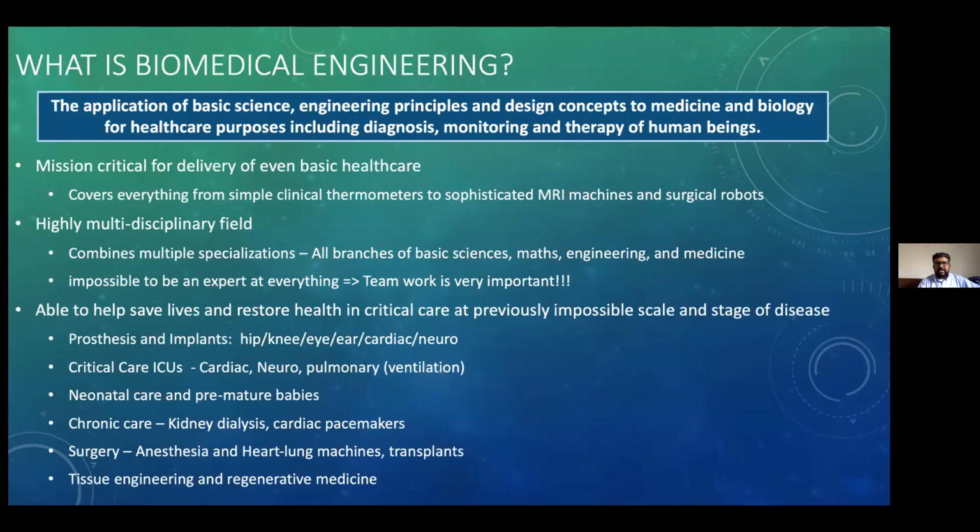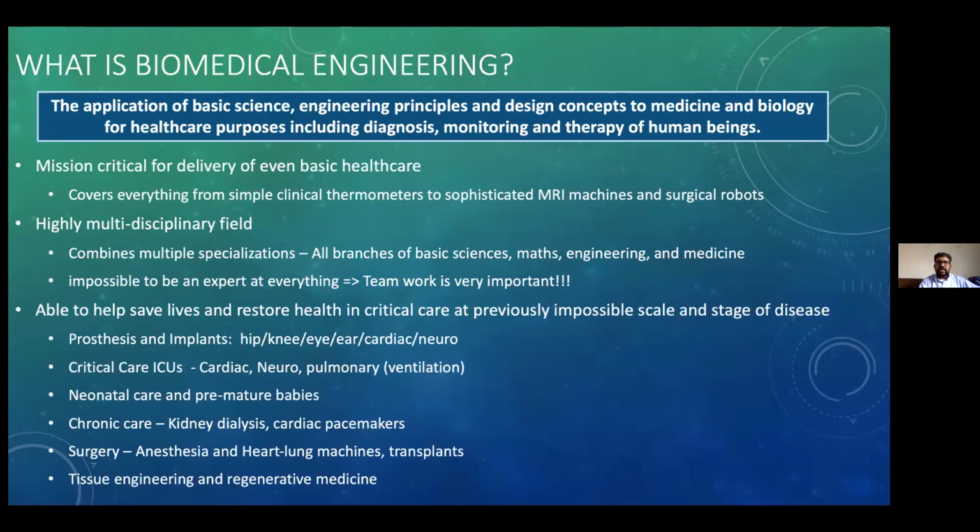So biomedical engineering is, in a nutshell, the application of both science and engineering principles and design concepts to medicine for the purpose of enhancing human health. And that can mean anything from diagnosis, monitoring, therapy, rehabilitation.